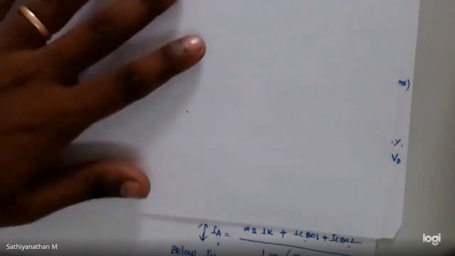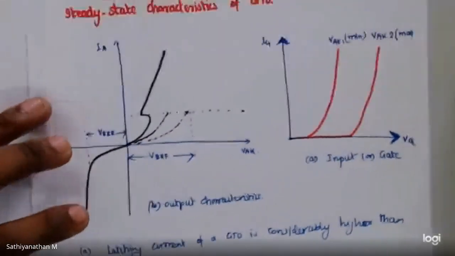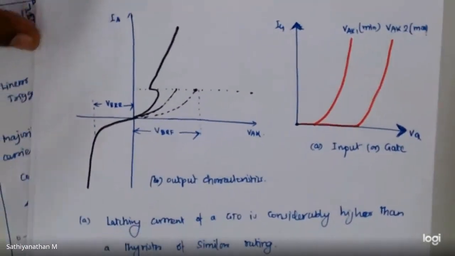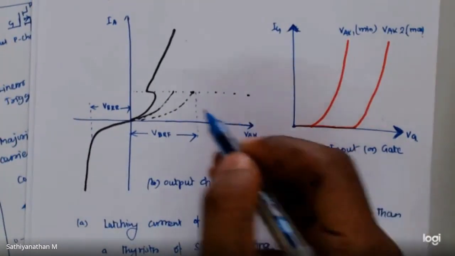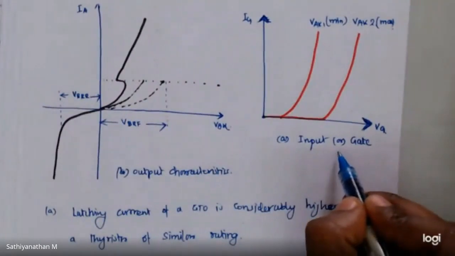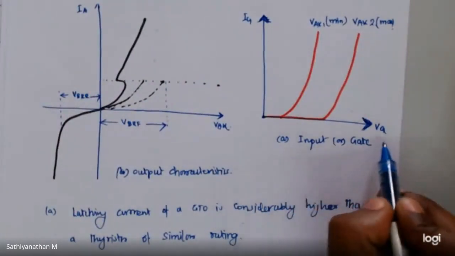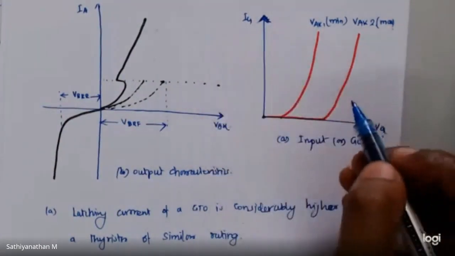சரி. ஸோ இதோட ஸ்விட்சிங் கேரக்டரிஸ்டிக்ஸ் ஆர் நார்மல் ஸ்டாட்டிக் கேரக்டரிஸ்டிக்ஸ் பார்த்தோம் அப்படின்னா it is similar to your SCR. Okay, if you take steady state characteristics, we are applying anode cathode voltage and anode current. This is input characteristics drawn between gate voltage and gate current.